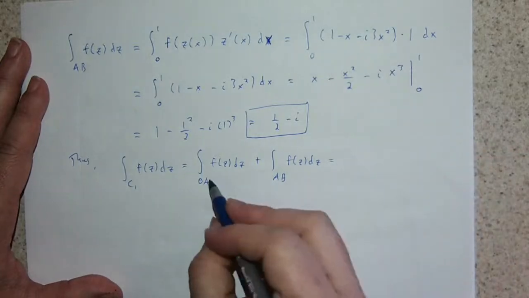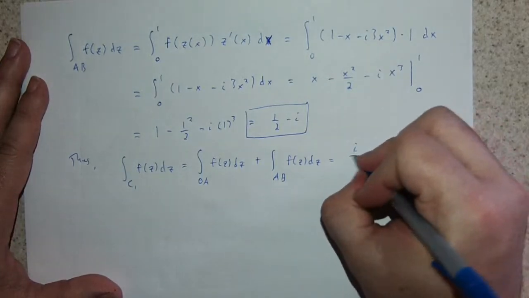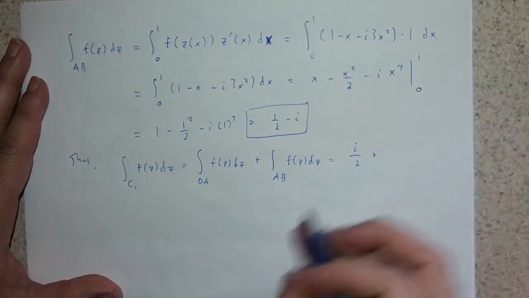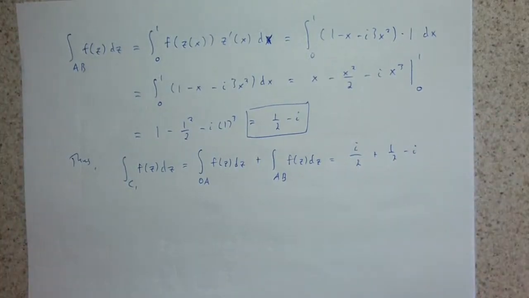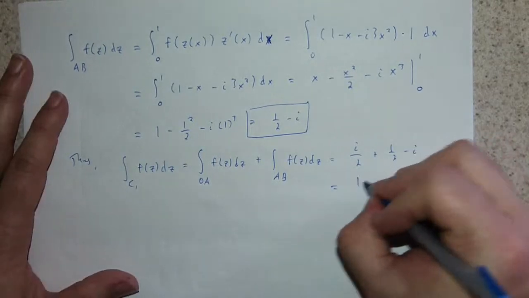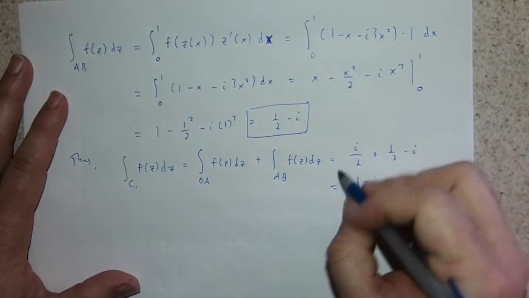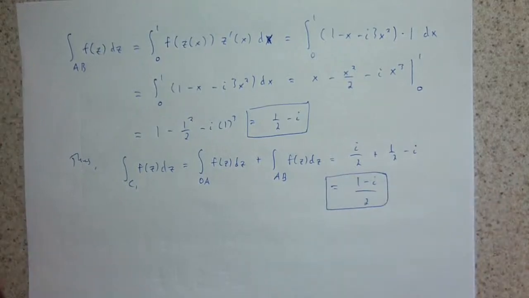But we found that the one along OA was i over 2, and the one along AB is 1 half minus i. Adding these together, this is 1 minus i over 2. And so the contour integral that we're first looking at is 1 minus i over 2.